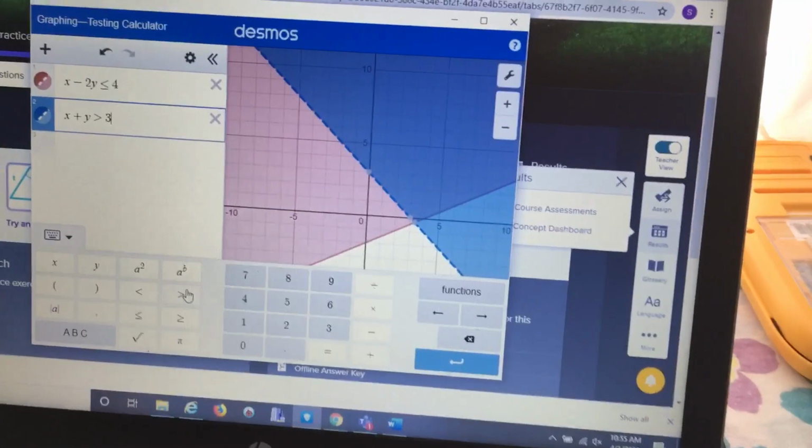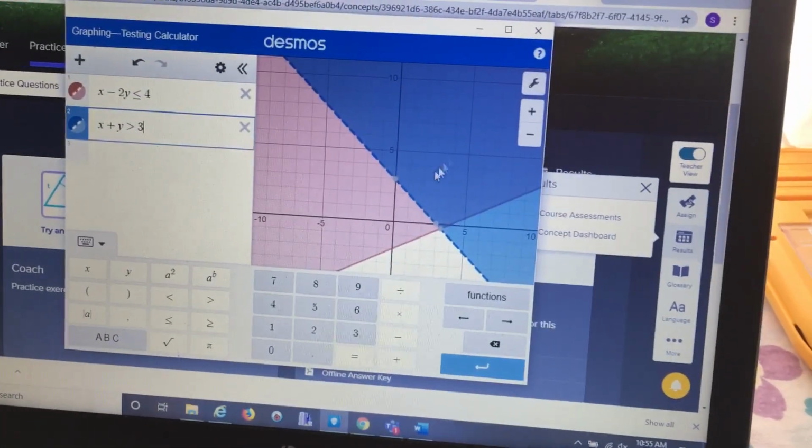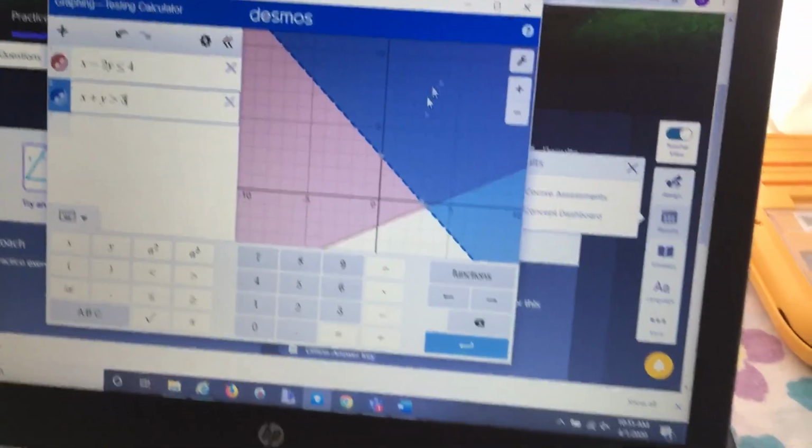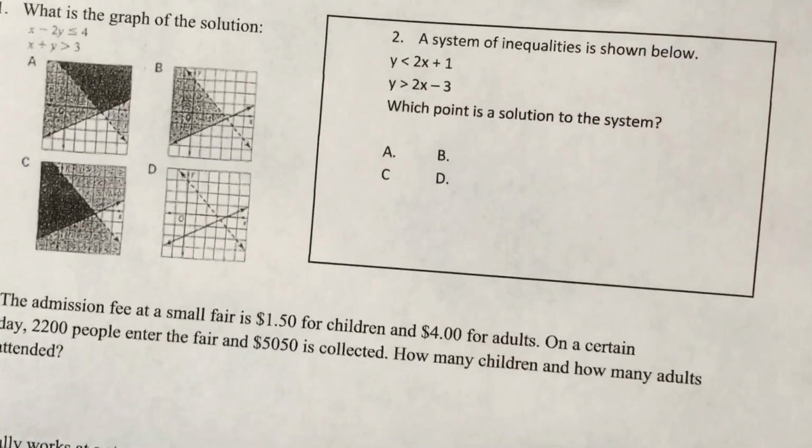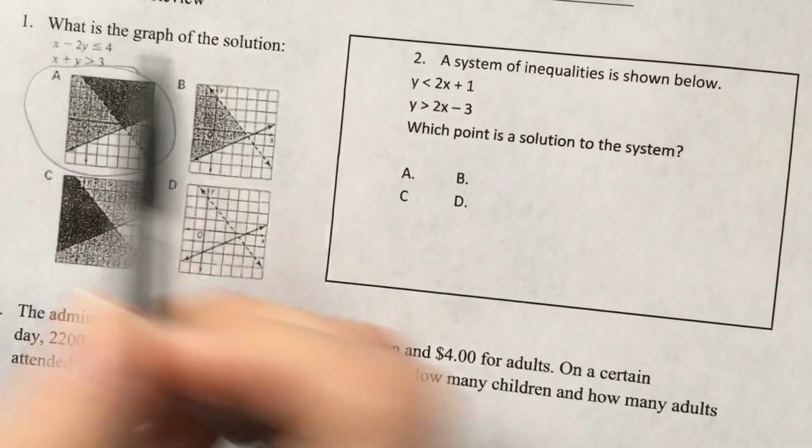Alright, and when you put that in Desmos, you can see that the double shaded region is at the very top. So the correct answer is A.